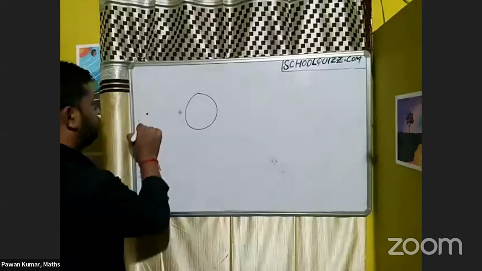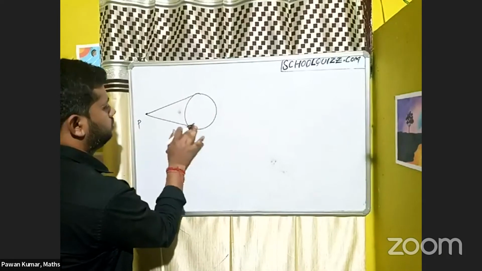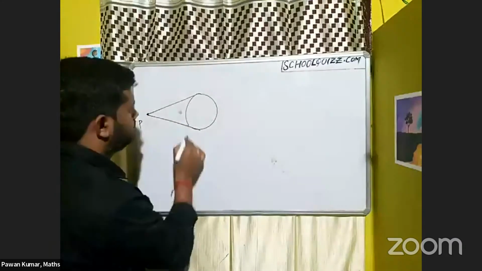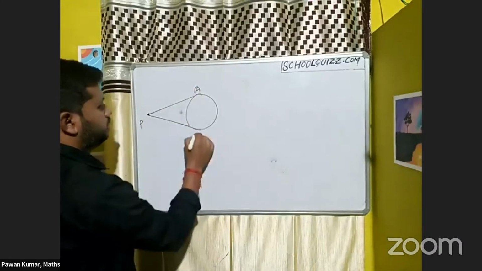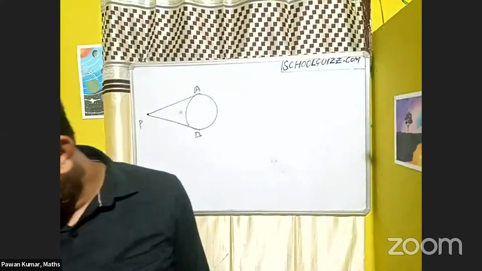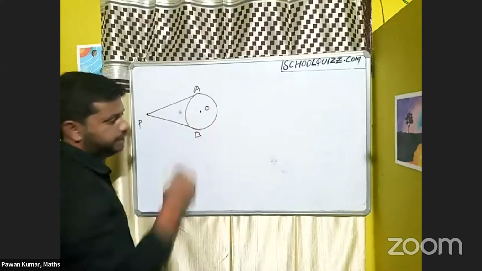One circle is there and one point P is there. Then draw PA and PB, the circle center O. Okay.